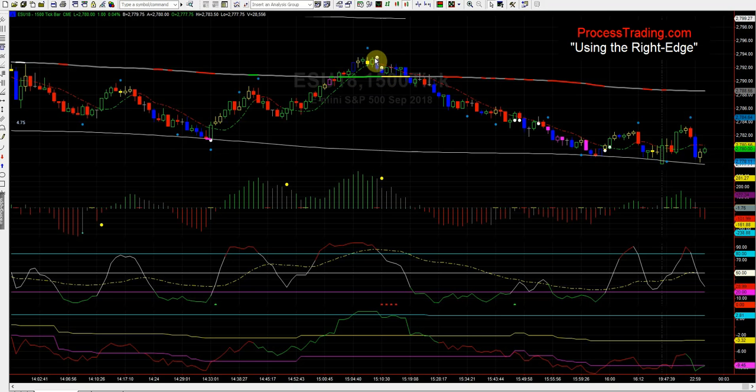This is a timing alert dot. These are trend alert dots telling us that the trend is going to happen. We don't know which way that trend is going to happen, so we have to look to our sentiment oscillator and see what is happening with momentum and conviction.